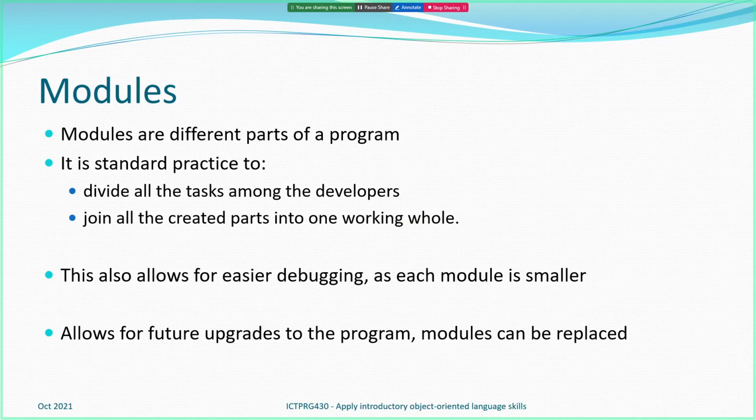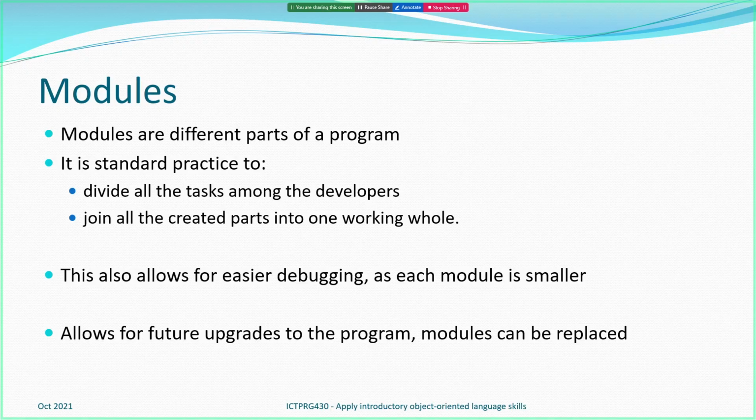So modules form independent parts of the program. Under DevNet operations, you always divide your program up between developers. That way you can create the entire project quicker, because you've got teams working on individual parts, and it spreads the load, makes it faster.